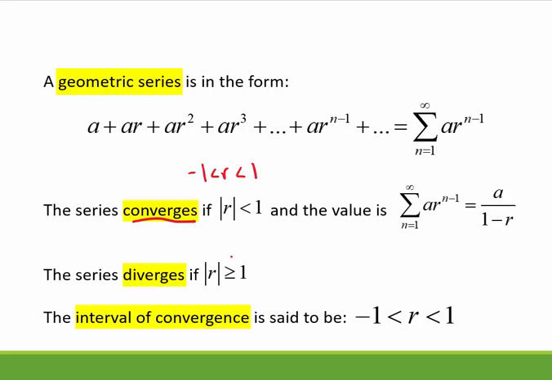In the interval of convergence, there's a function here, this is the function that I can actually write for a geometric series. If I put all these terms into y1 in my calculator and put this function into my calculator, the series converges if r, or whatever my ratio is, is between -1 and 1. And we'll go through an example of that.